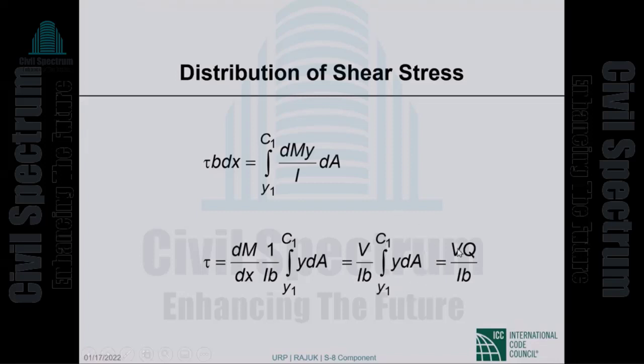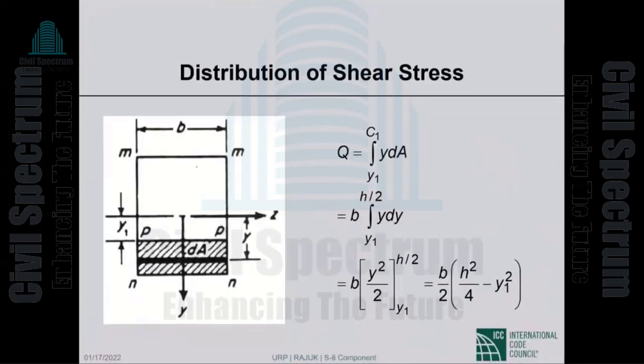This integral is denoted by Q, and that gives us the very familiar expression, tau is equal to VQ over Ib. Tau is the shear stress at a distance from the neutral axis. In this case, the distance is y1.